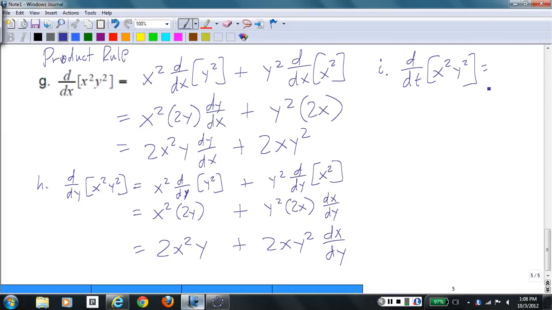So it's the product rule, but there's a little bit more going on. There'll be a dx dt and also a dy dt in our final answer. So it's the first times the derivative of the second plus the second times the derivative of the first.